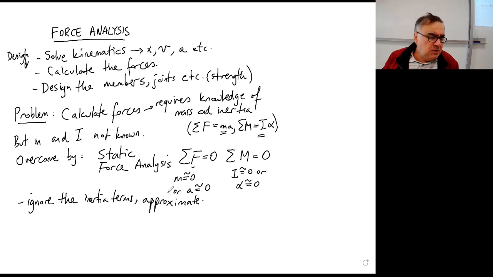So in a way, this approach is approximate. But in the beginning, you need to have a knowledge of forces.